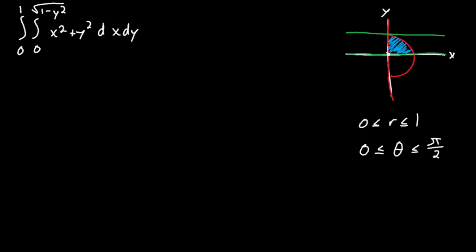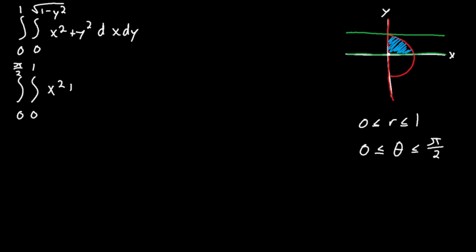But from radius 0 to radius 1, you have the shaded region. And from theta 0 to theta pi over 2, you just go from the positive x-axis to the positive y-axis. And now we have our bounds. So we can switch up this integral to make it so that the r bounds are from 0 to 1 and the radian boundaries are from 0 to pi over 2.